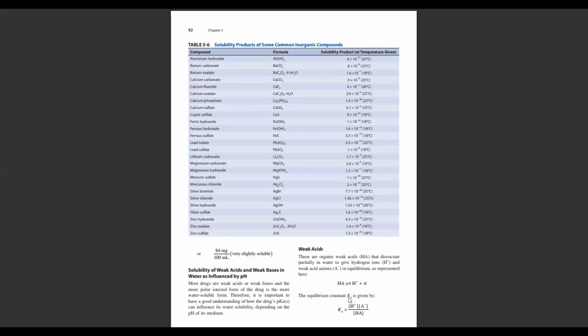That's why it's important for us to understand the relation of the pKa and the pH of either the weak acid or the weak base. So weak acids by definition are those that dissociate partially in water to give hydrogen ions and weak acid anions in equilibrium, as represented by this.